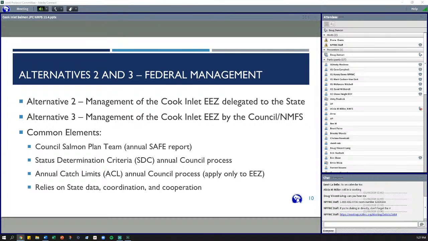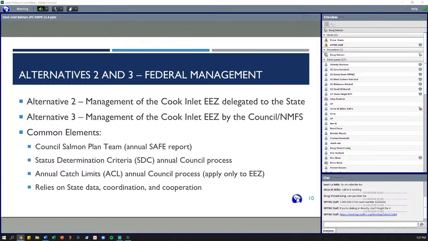However, the status of the stock would be assessed, factoring in all both state and federal removals. However, NMFS and the council could only limit or change what removals occurred in the EEZ.